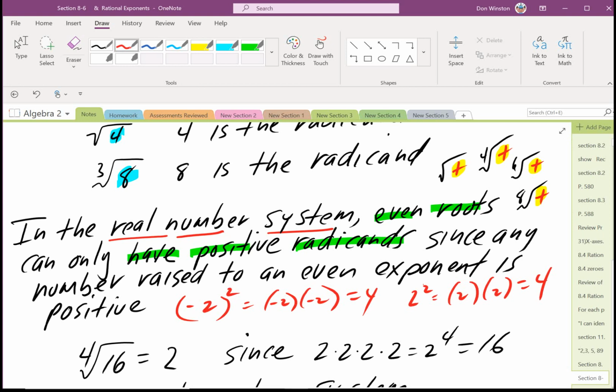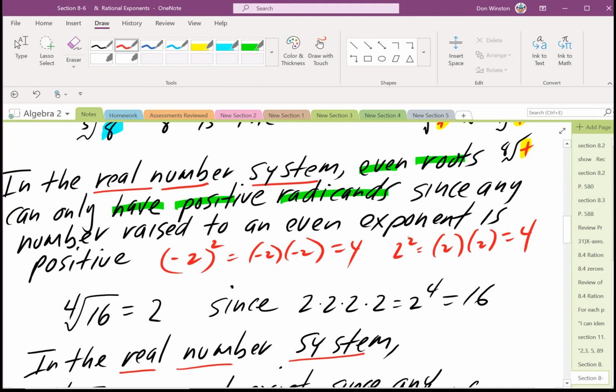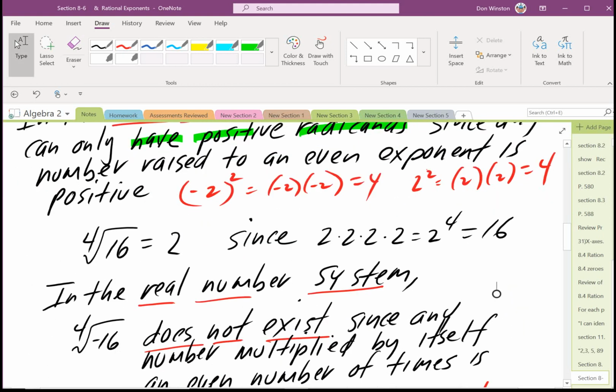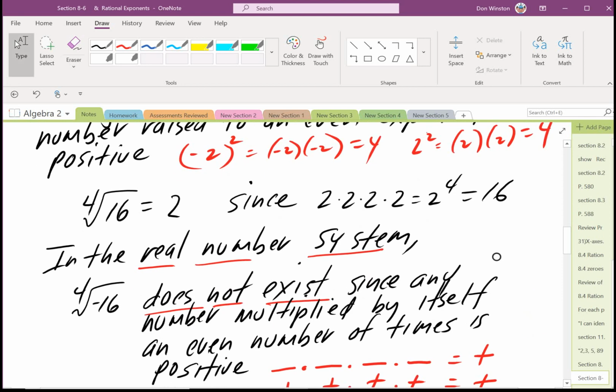Any number raised to an even power is positive. So the fourth root of 16 is equal to 2, since 2 times 2 times 2 times 2, or 2 to the fourth, is 16. So we can take the even root of a positive radicand. In the real number system, however, the fourth root of negative 16 does not exist, because no number multiplied by itself 4 times will give you a negative. There's no such thing.